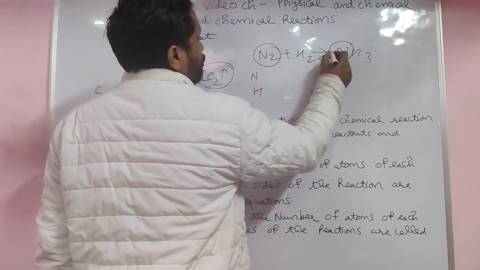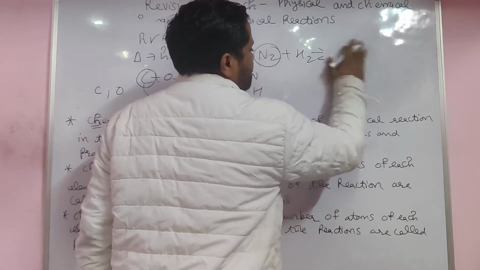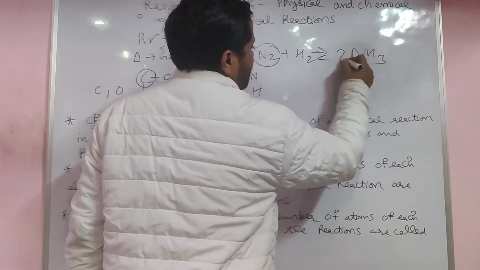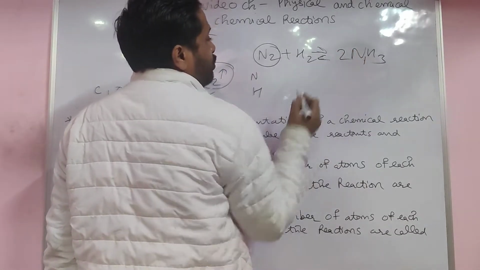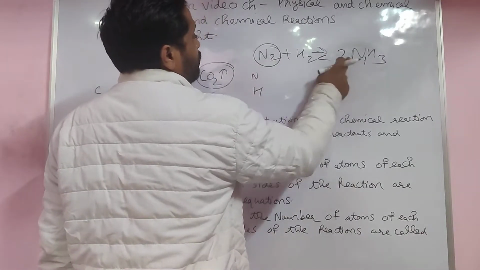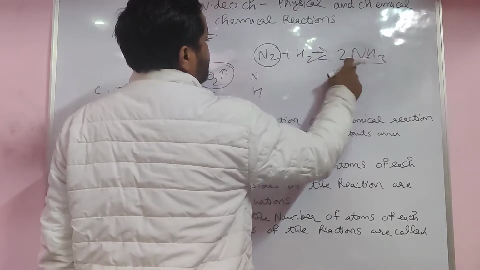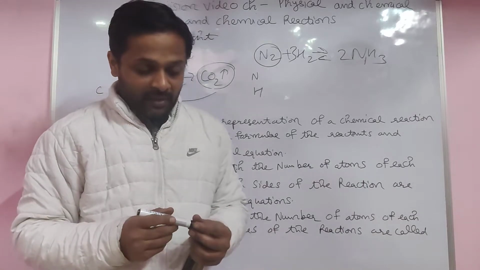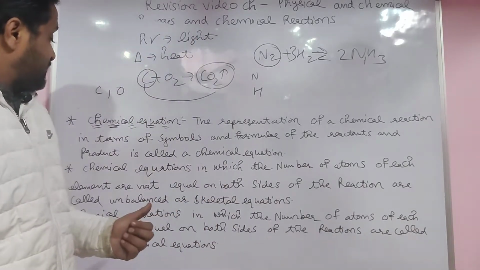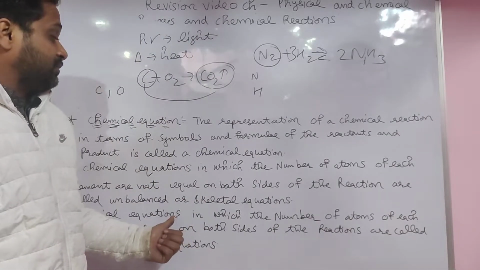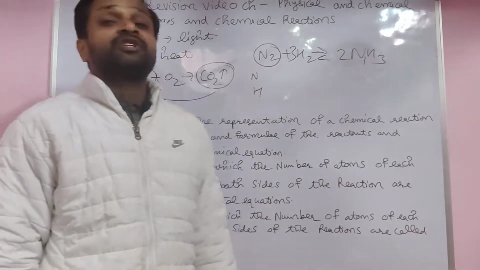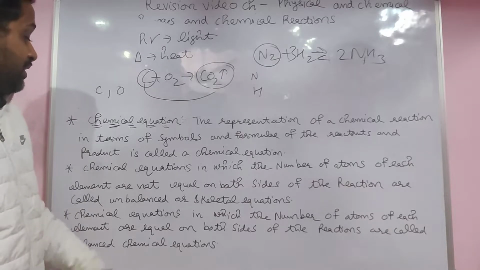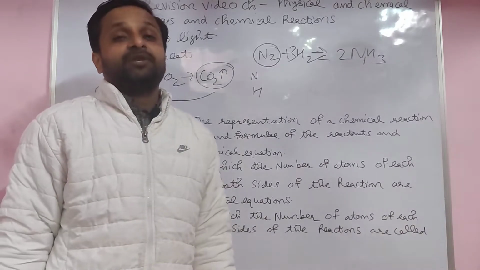So what do you do? You multiply NH3 by 2, so nitrogen is 2. But hydrogen is 2 on the left and 6 on the right, so multiply H2 with 3. Now it is balanced. This is the balanced chemical equation. If the number of atoms is not equal, that is called a skeleton equation or unbalanced equation.